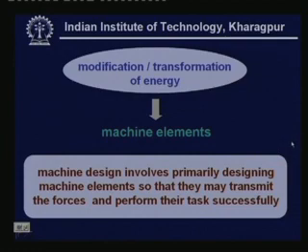So after looking at these video clips, now you got the idea of what we meant by machine elements, how they transmit the forces to perform the task successfully. What are the successful tasks? We have seen a bicycle, aeroplane, car, etc. So this is the concept of the machine as a whole, and we are now clear what we are going to design.